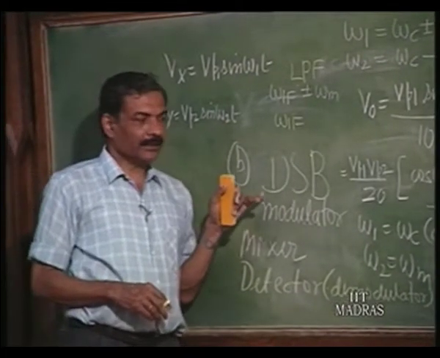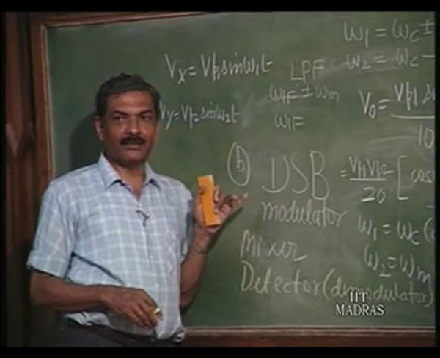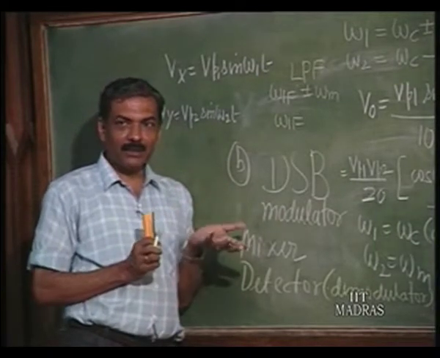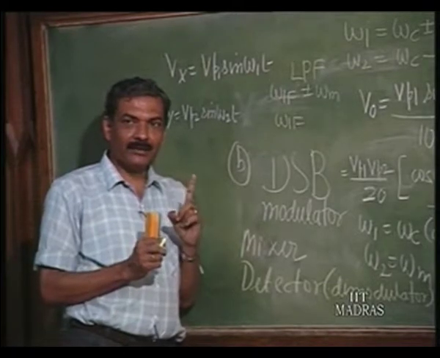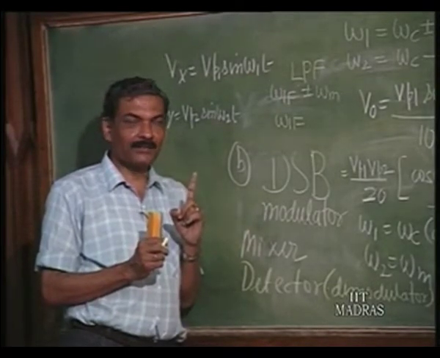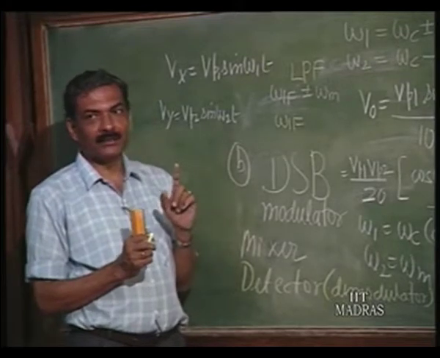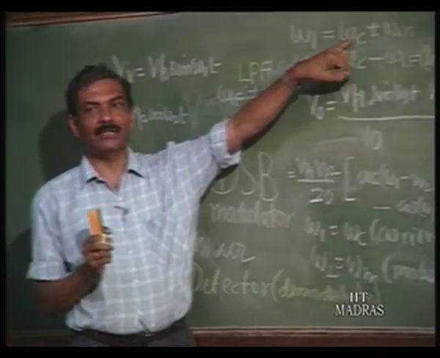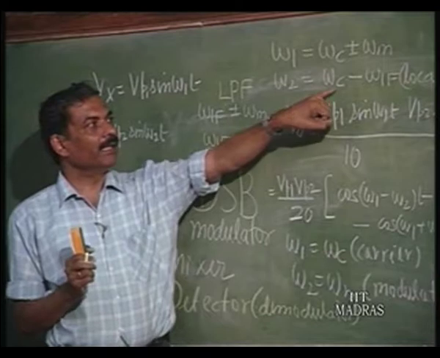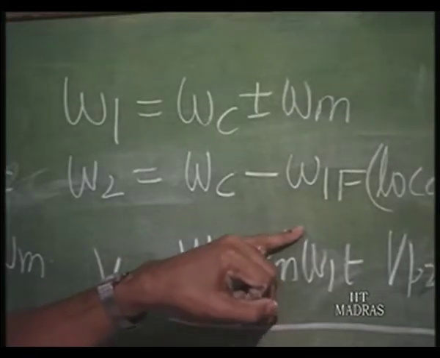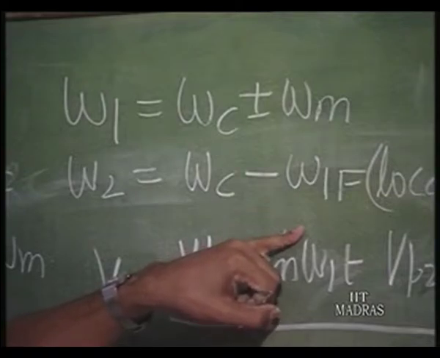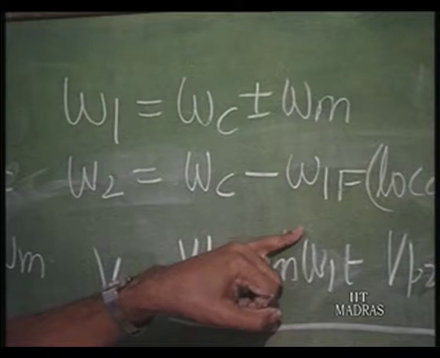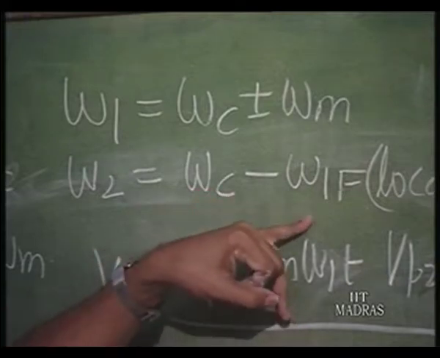This kind of receiver design is possible only when at the receiving end I can generate in the local oscillator a frequency which is as stable as that which has been transmitted, that is omega C minus omega IF should have the same stability. It can be good or bad, but if the stability of the transmitter is good, this should be as good, or as bad.